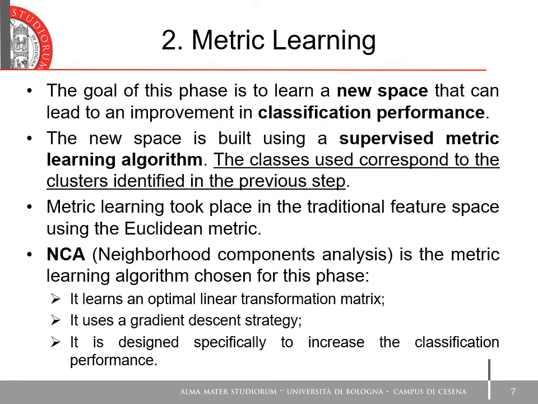Using this new metric provided by the algorithm, the distances between patterns belonging to the same class are reduced. On the contrary, the distances between different classes are maximized. At the end of this phase, a new space is available in which to project all the patterns and proceed with the classification task.